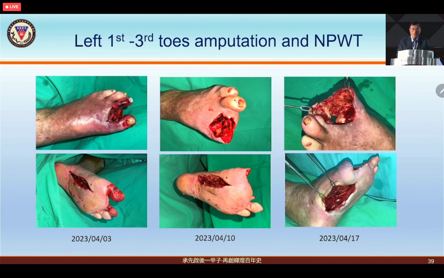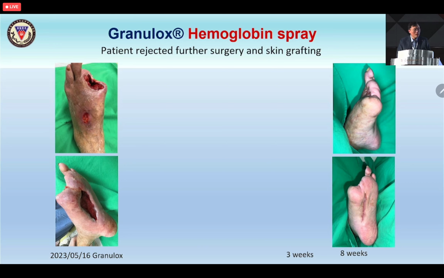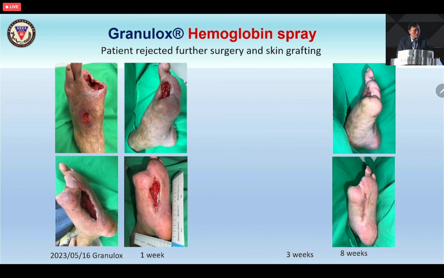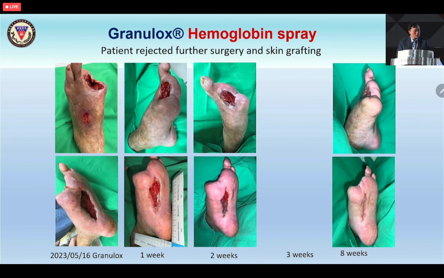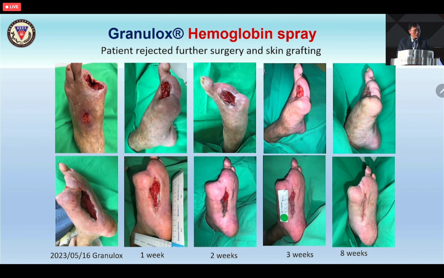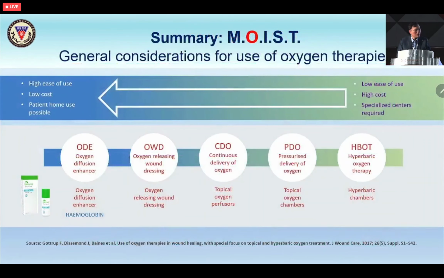We combine the NPWT first, and then we start to use the hemoglobin spray. And you look at just 2 months of treatment, and you look at the progress in the wound. It slowly progresses with just topical hemoglobin spray, and the patient rejects the full-thickness skin graft. So we continue to use the hemoglobin spray, and finally the wound completes here.